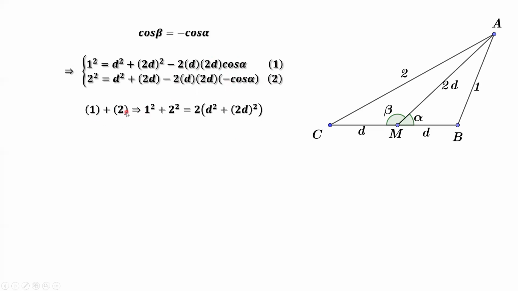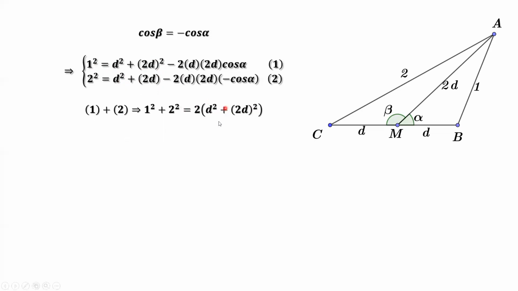We have 1 squared plus 2 squared. The right-hand side, we only have d squared plus 2d squared left. We have 1 here and 1 here. We should double it, which is 2 times d squared plus 2d then squared.